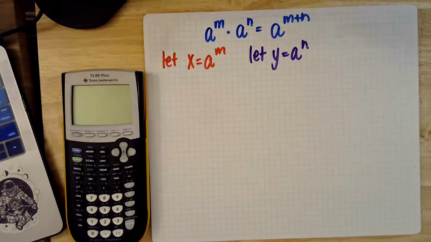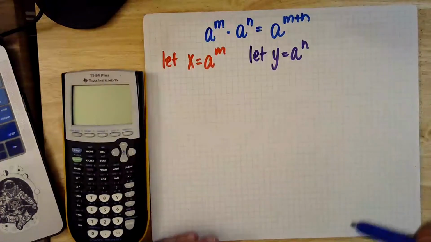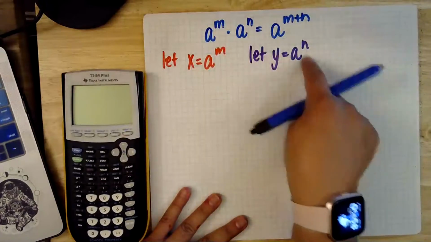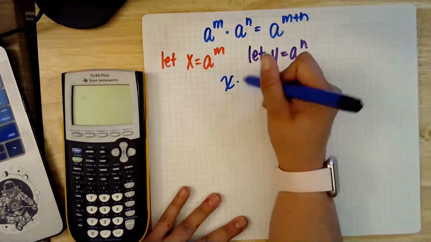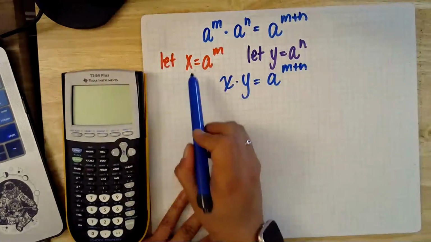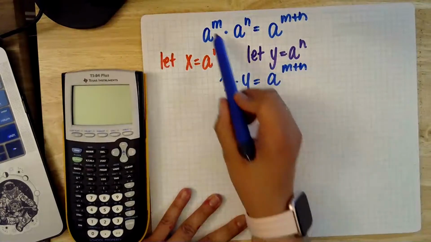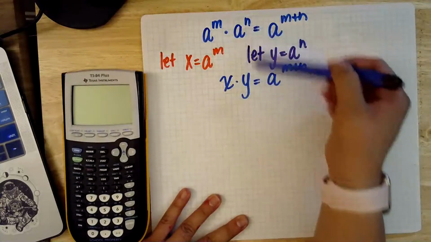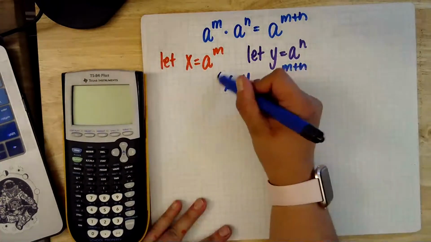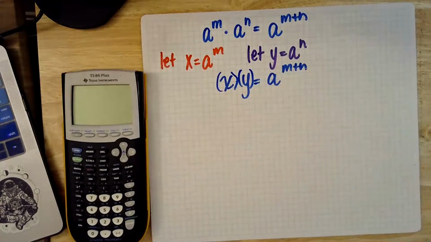Since x is a to the m and y is a to the n, then I can say x times y is a to the m plus n. All I did is I said x is that guy, y is this guy, so I just used substitution. So I have x times y equal to a to the m plus n.